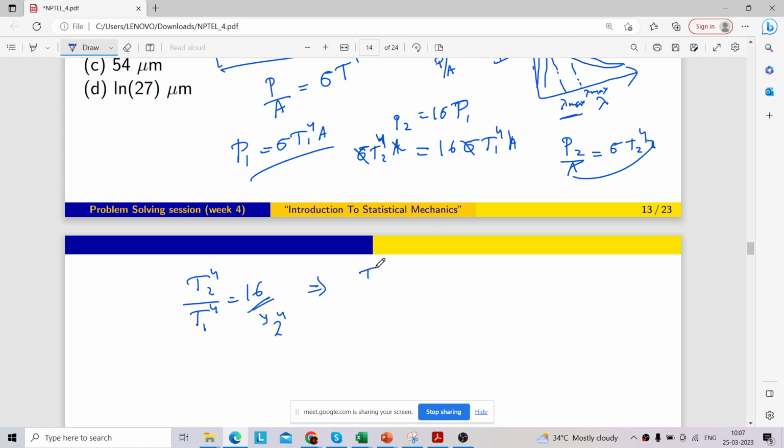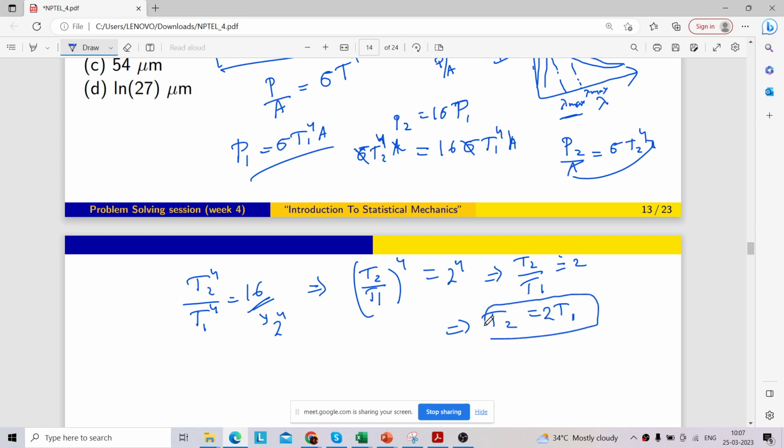So T2 over T1 to the power 4 is equal to 2 to the power 4. So this implies T2 over T1 equal to 2. So this implies the second temperature is twice the initial temperature.